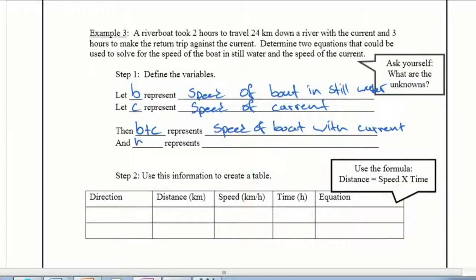And then we have B minus C, which is the speed of boat against the current. So sometimes putting this in a table is going to help us out.